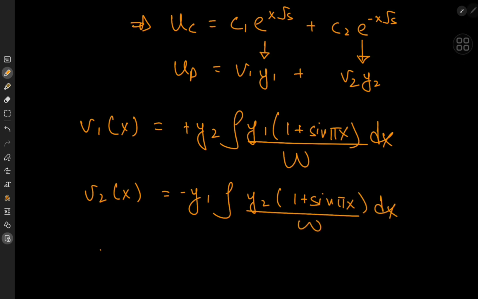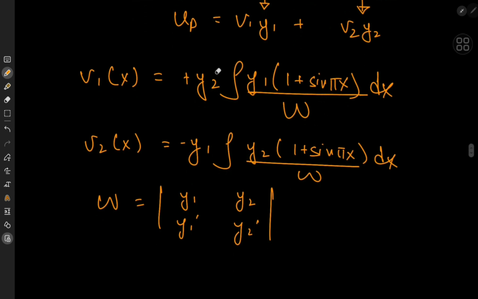And for the Wronskian, that's the determinant of y1, y2, y1 prime, y2 prime. And in our case, we have y2 being e to the negative x times root s. Okay, so let me just write them out here. y1 is e to the x times root s.